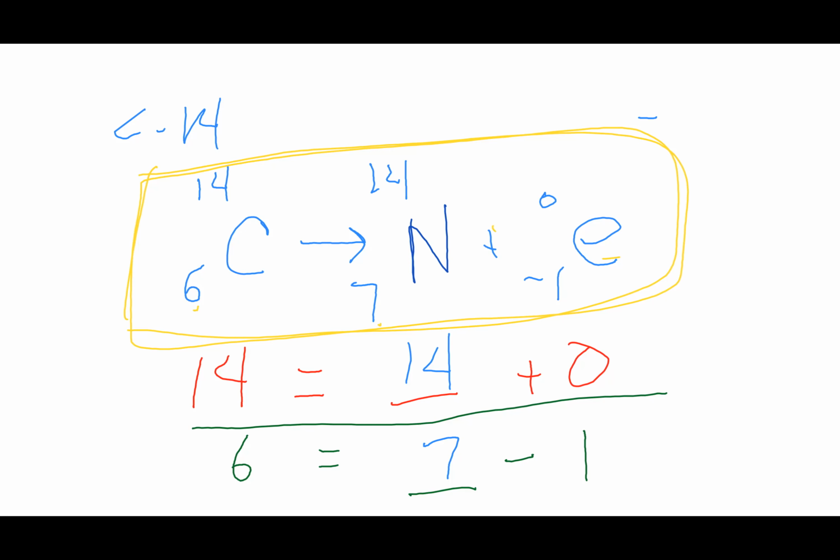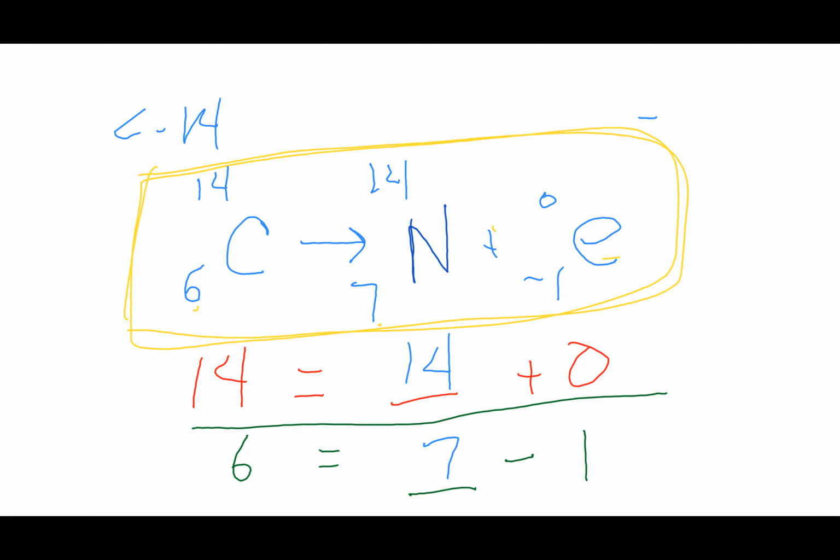this section down here. So silicon 32 has 14 protons, atomic number 14, but 32 means it has 18 neutrons, since 14 plus 18 equals 32. So let me go on this thing.